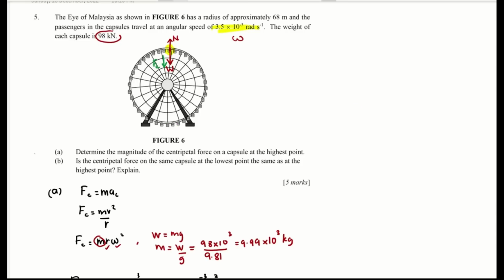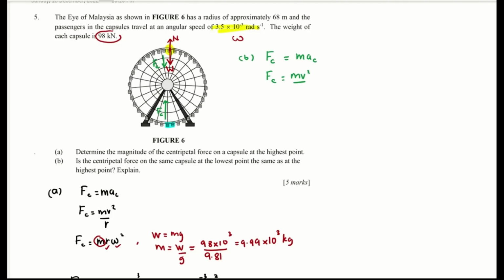In this case, we can write the direction of the centripetal force, which is still towards the center. If we write the equation of the centripetal force, it is actually equal to m a_c, where a_c is equal to v squared over r.